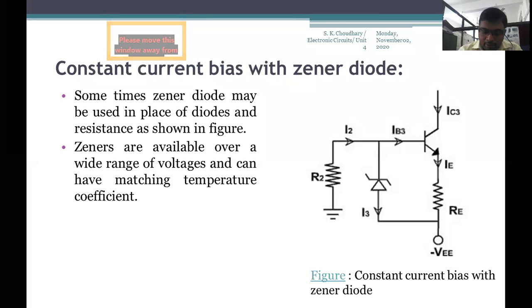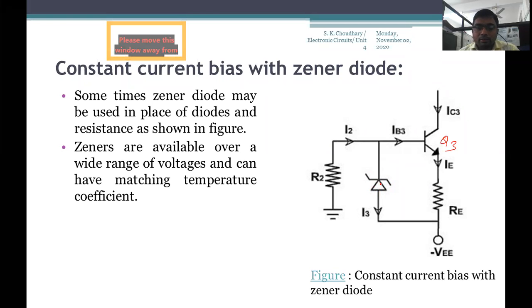If you see the diagram, it is very clear. We have connected a Zener diode at the base of the transistor Q3, and you can see here, instead of the diode and the resistor R1, we have replaced this with the Zener diode.